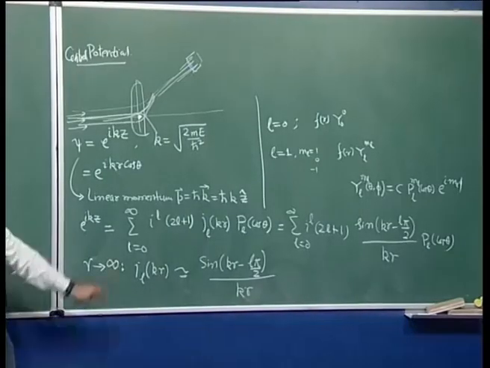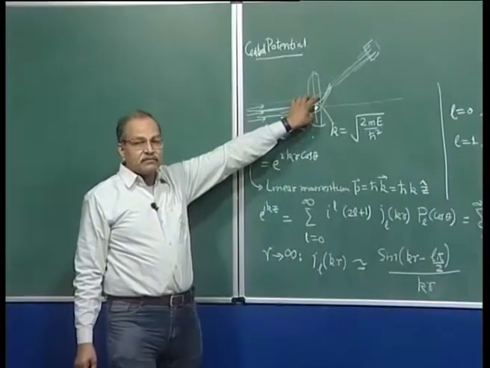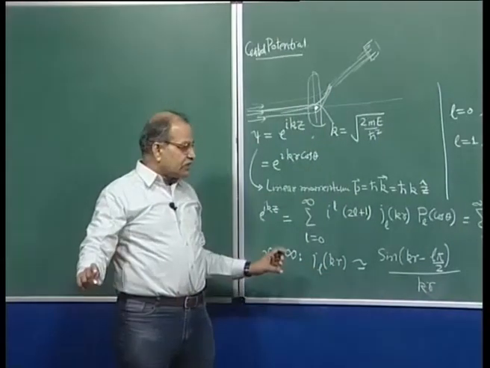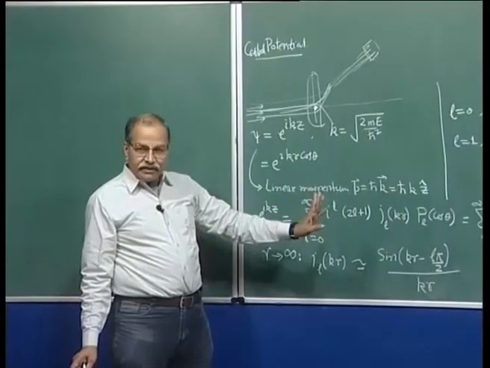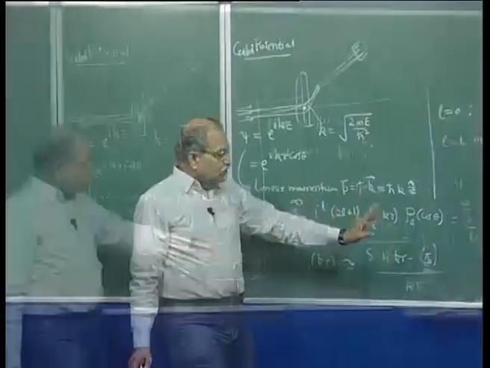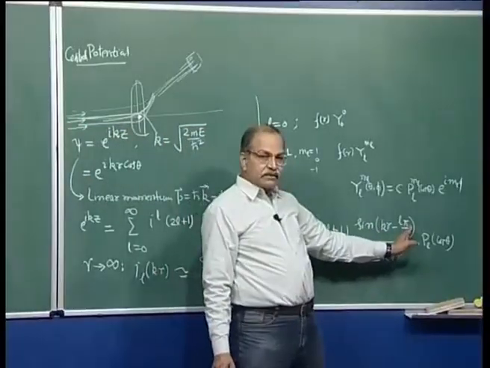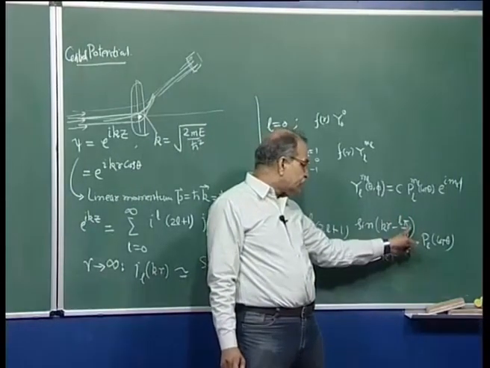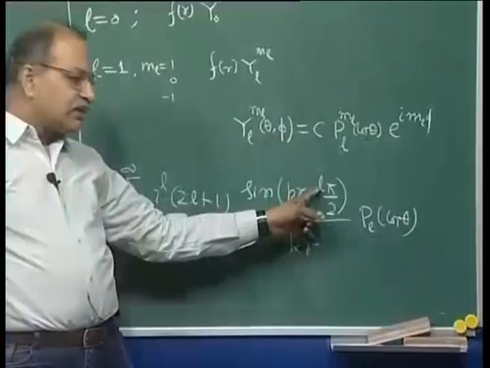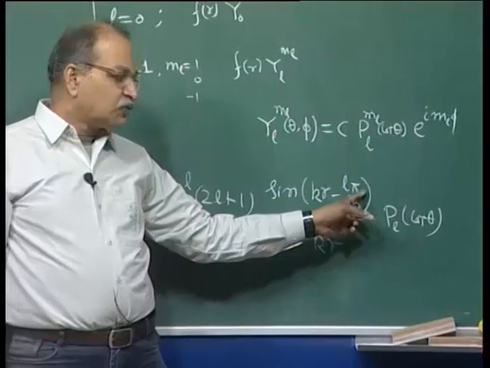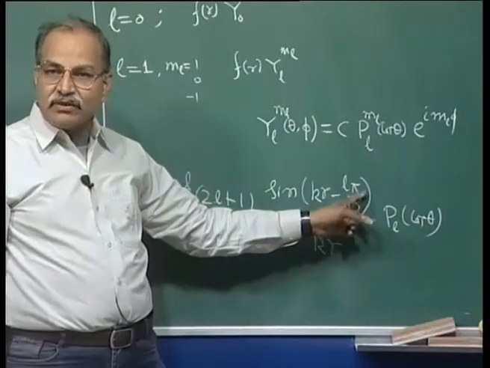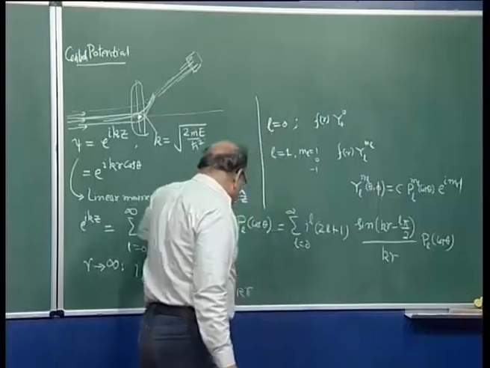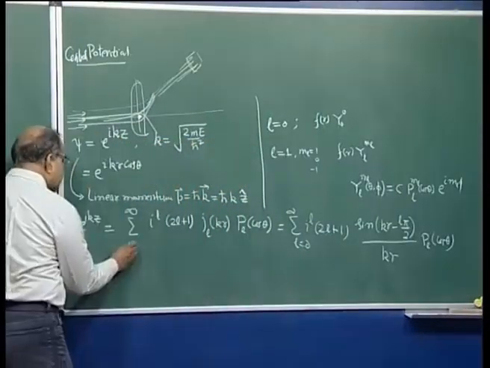It turns out that when you have the potential, you have the interaction, this wave function will get modified, and the modified wave function can be written almost in the same format, with one difference, that all these sine arguments here are changed by a certain amount, and that extra phase term coming here will be dependent on L. For L equal to 0, that term could be different, L equal to 1 term can be different, and so on.